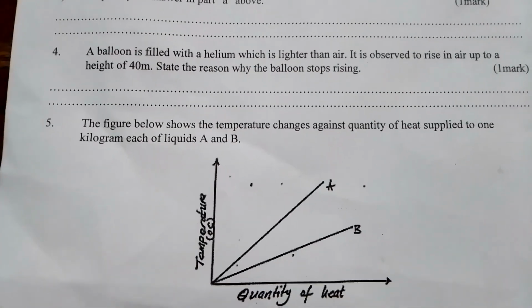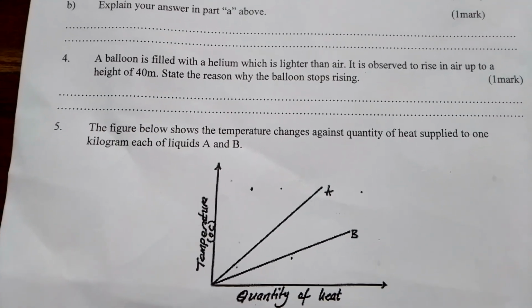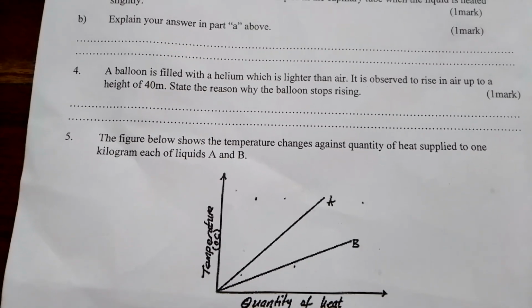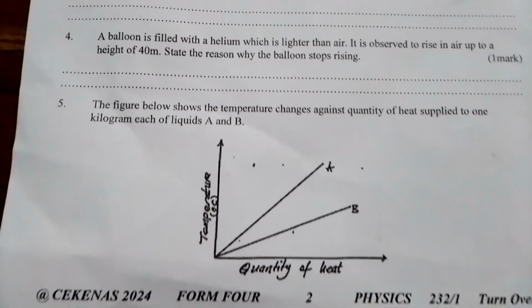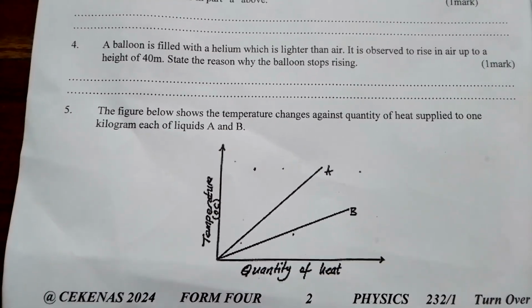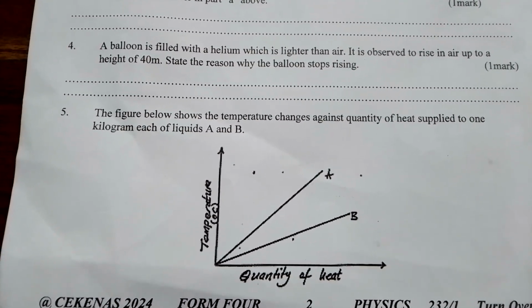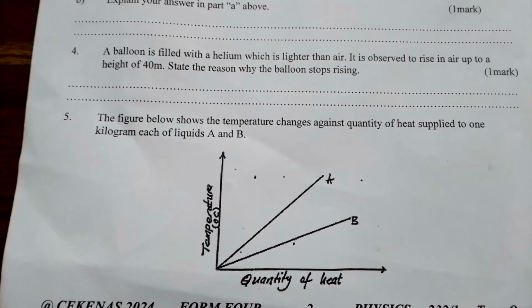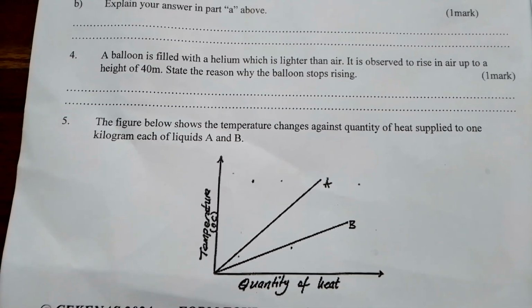Question 5. The figure below shows the temperature changes against quantity of heat supplied to 1 kilogram each of liquids A and B. As you can see, on the y-axis we have the temperature, and on the x-axis we have the quantity of heat.